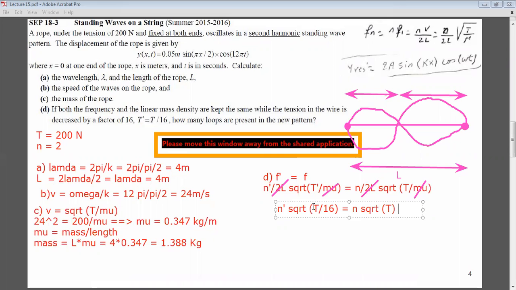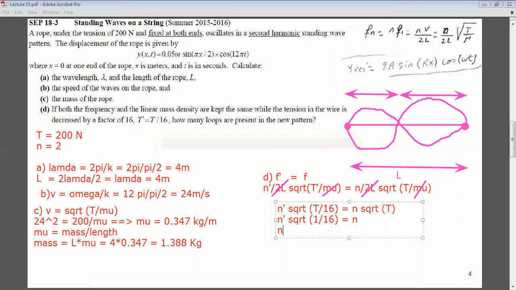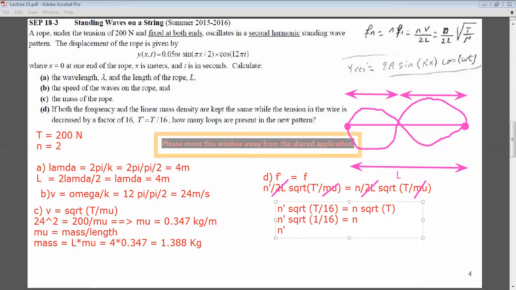Now there is T inside the square root on both sides, so they cancel out, and I will have n prime times the square root of 1 over 16 equal to n. What is the square root of 1 over 16? It is 1 over 4.